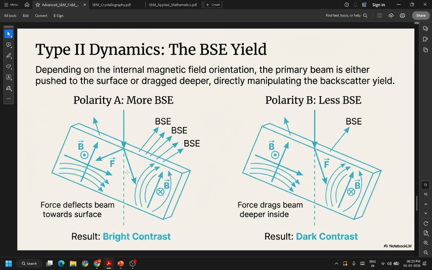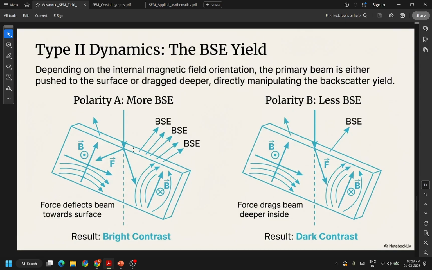Depending on the internal magnetic field orientation, the beam is either pushed to the surface or dragged deeper. It can push the beam upwards towards the surface, or drag the beam downwards deeper inside, and that will change your interaction volume, and that will directly change your backscatter yield.